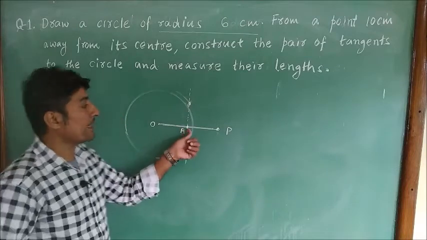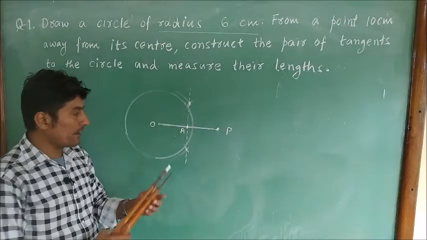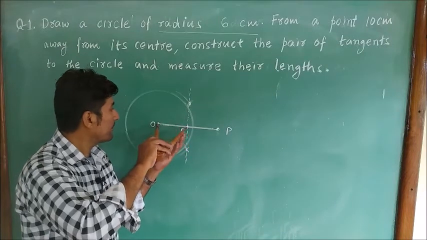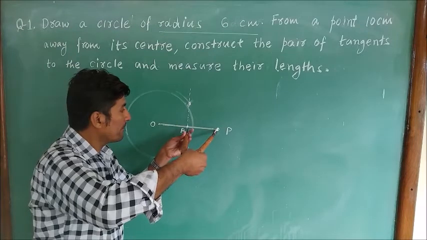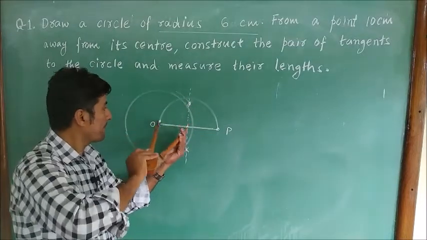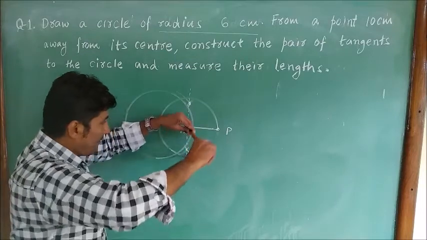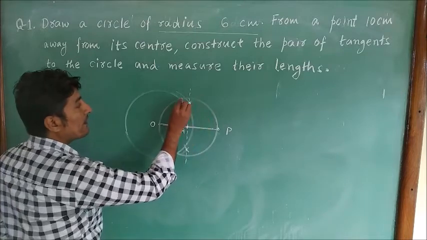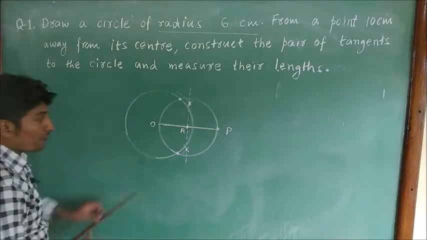Now with A as the center and OA as the radius, we will draw one circle. The point of intersection of this circle and this circle will be the point of contact of the tangent.